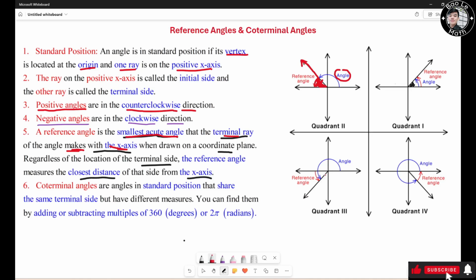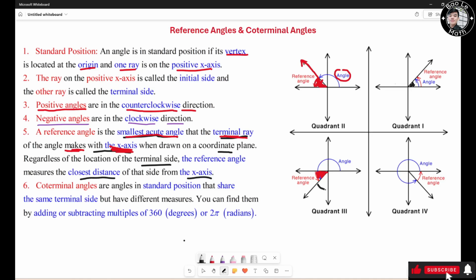Now, if the terminal ray is in the third quadrant, right? So we have the angle, which is the blue one, and then the reference angle should be this guy right here. Remember, the terminal ray makes the angle with the x-axis only, okay? Now, some students make a mistake.